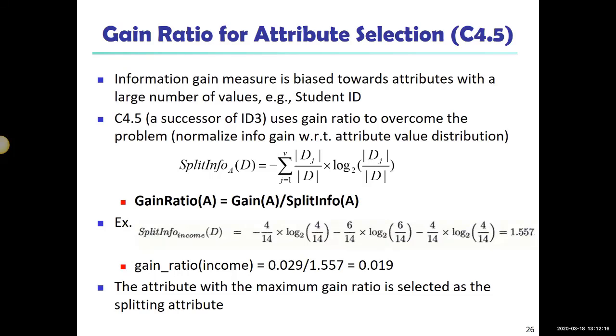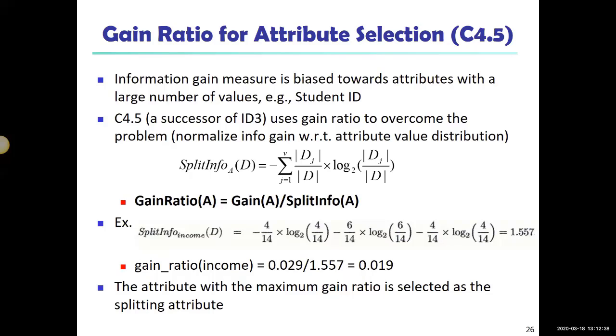We talked about information gain. The information gain measure has a bias: because it's based on information entropy, it's biased towards attributes with a large number of values. One extreme example would be using student ID to split.